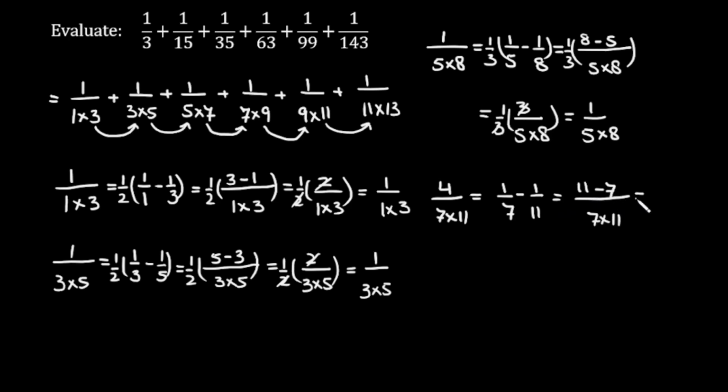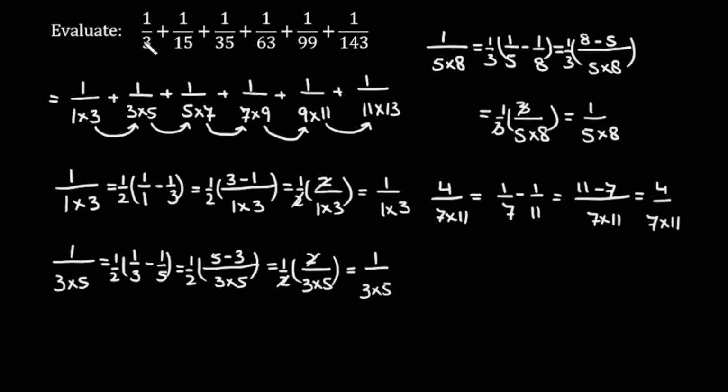So this is equal to 4 over 7 times 11. So in this case, we don't need to do any adjustment. Sometimes we need to do the adjustment to make the same result. So in this case, we don't need to do any sort of adjustment here.